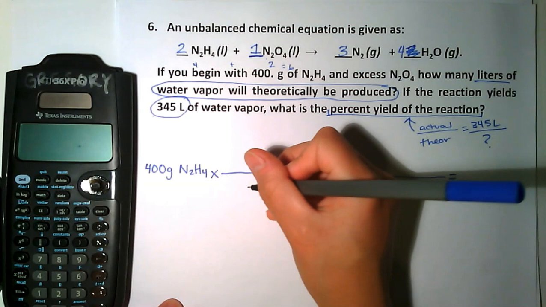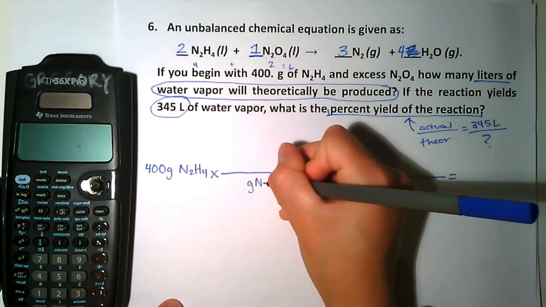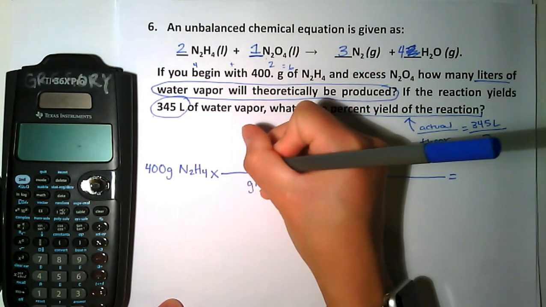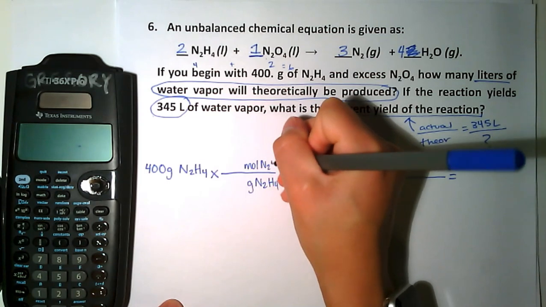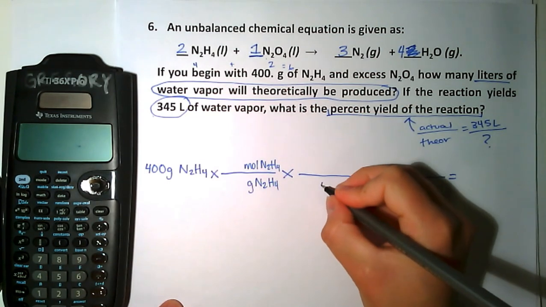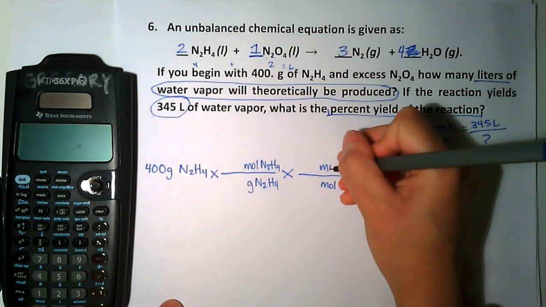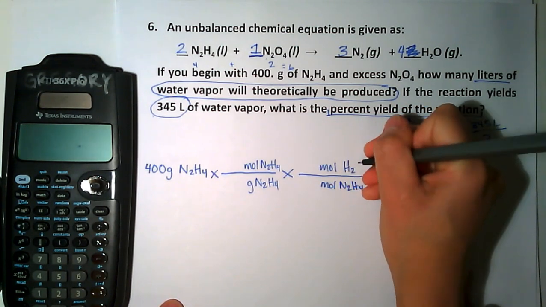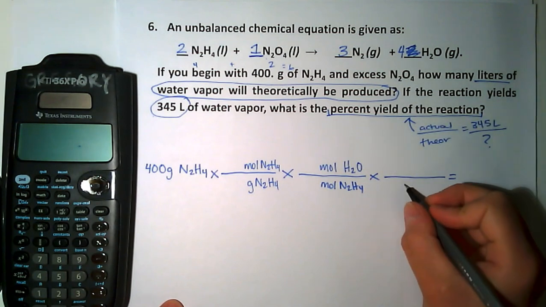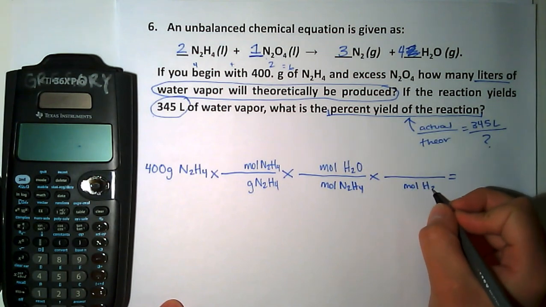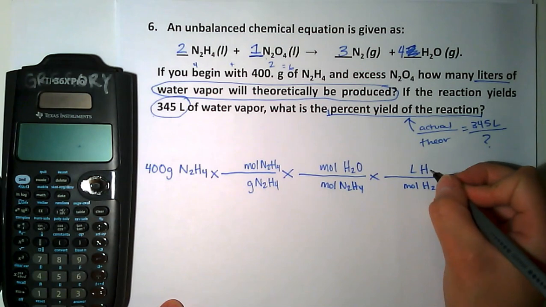So first we're going to convert grams of N2H4 into moles of N2H4. Next we're going to take our moles of N2H4 and convert it into moles of water vapor, H2O. And then finally we'll take our moles of H2O and convert to liters of H2O.